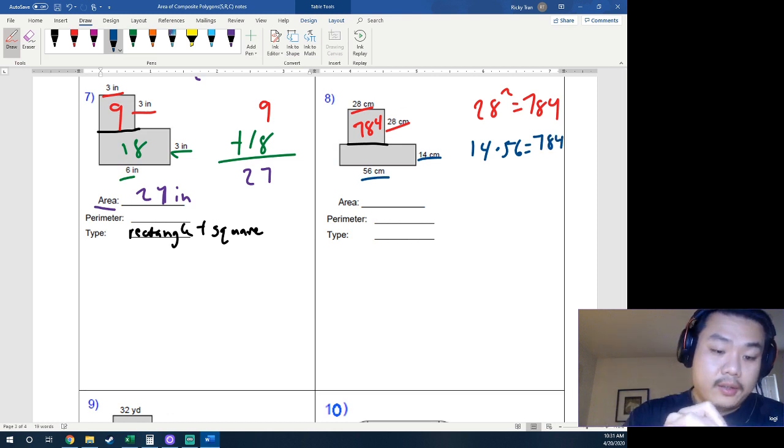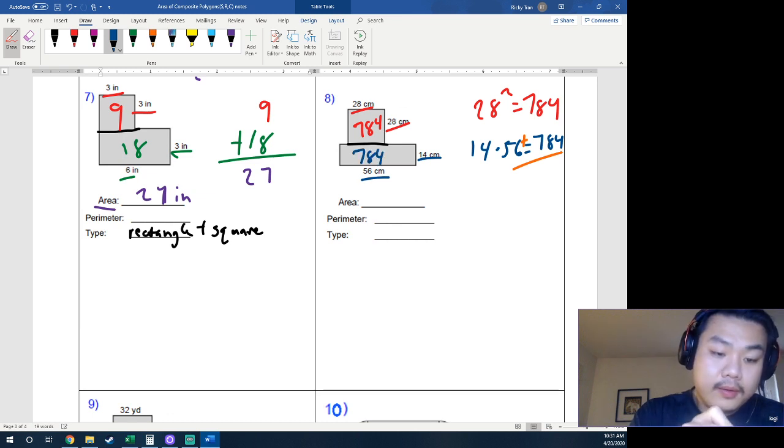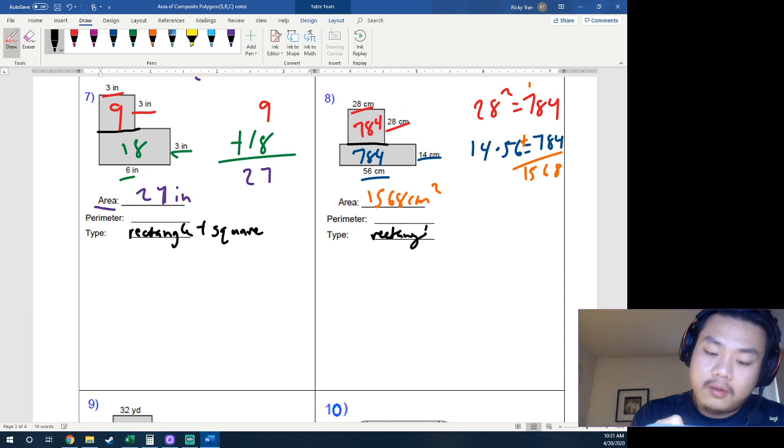Then we just add these together. So let's see, what do we got? 1568 centimeters squared. Again, this is a rectangle plus a square.